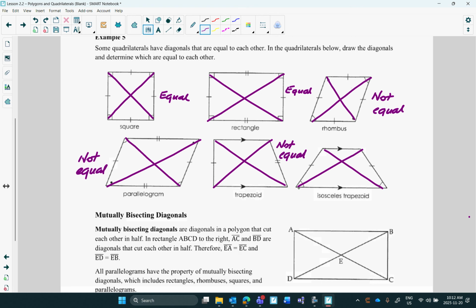So square, rectangle, isosceles trapezoid have equal diagonals. You don't really have to know so much all the properties of it. I mean, you have to know the properties, but you're not going to be given questions where it's just like, list this about this quadrilateral. You're going to be given problems that we'll talk about.